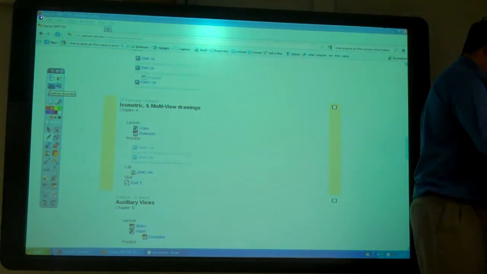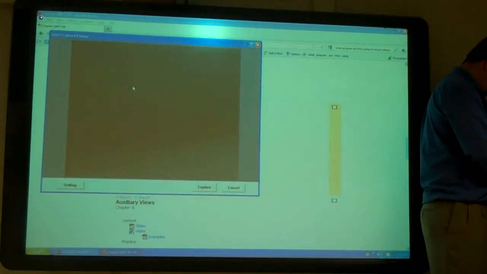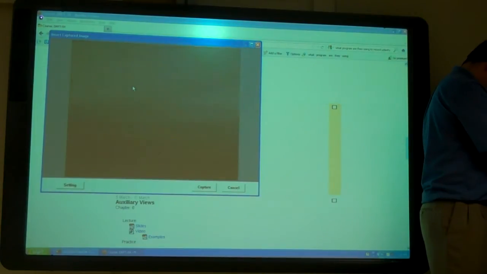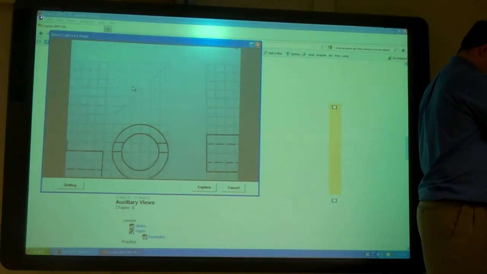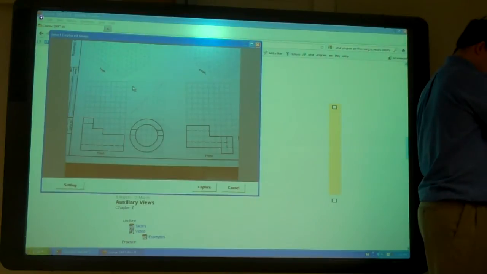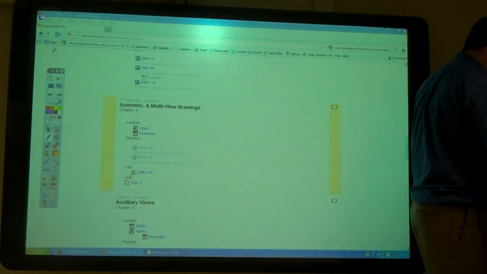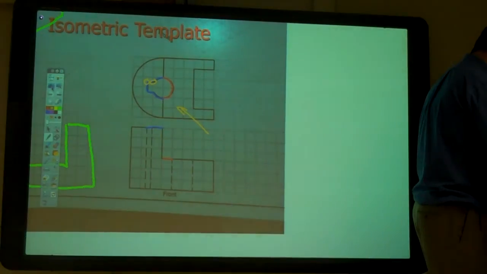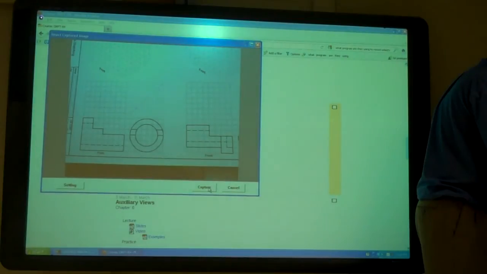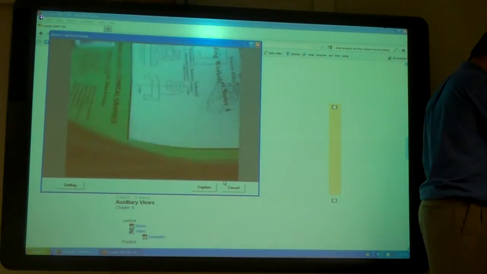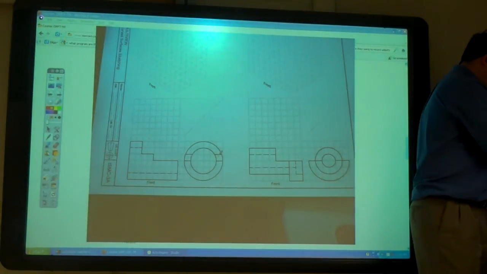So we also have ISMC 3A here. We have 3A here.